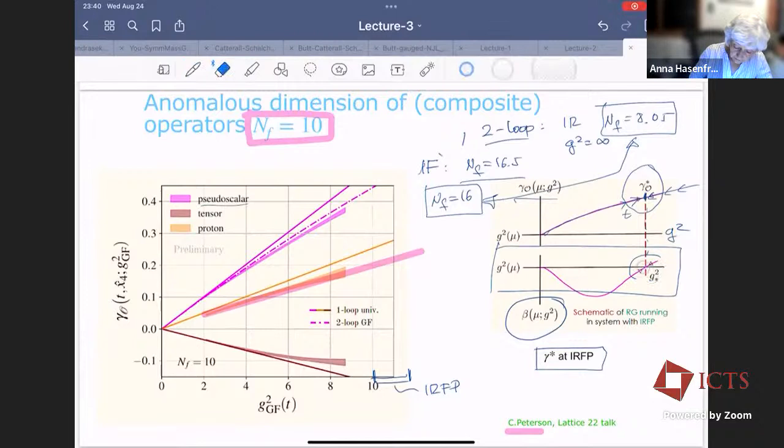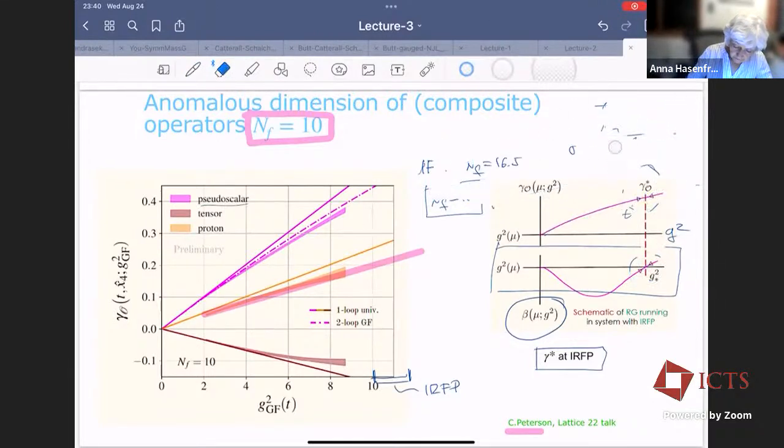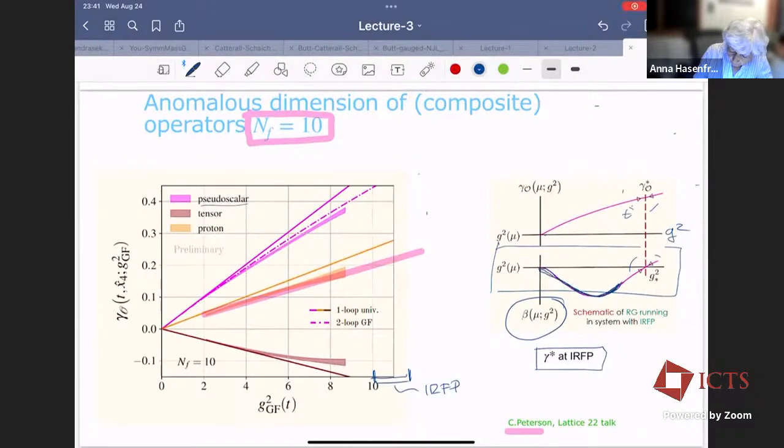But to be fair, we can have a beta function, let me clean that up a little bit, that looks something like that. So it shows a bending backwards, but we are not able to go all the way to the zero.